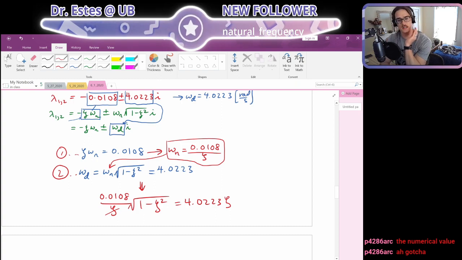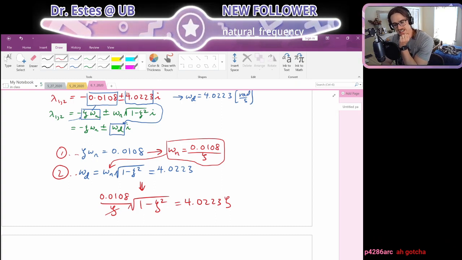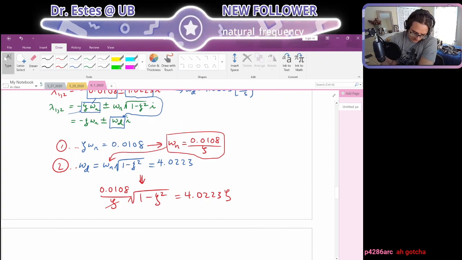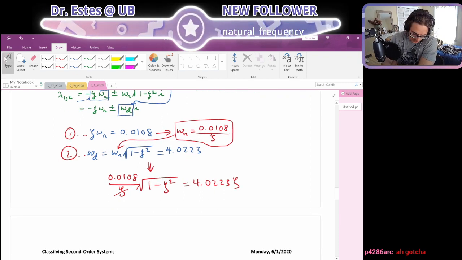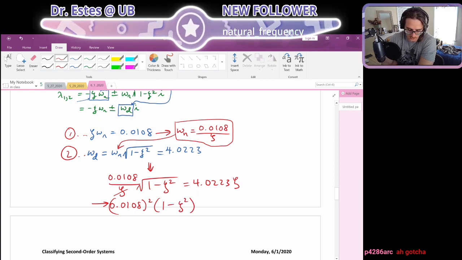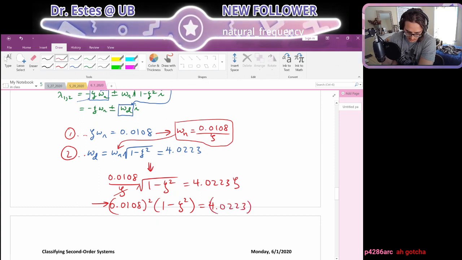So actually, this second method, as I'm going through it, it's probably not at all the preferred method. Because look how much work I have to do compared to the other one. All right, if we square both sides, 0.0108 squared. Then when I square this term, the square root goes away. 4.0223 squared, zeta squared.